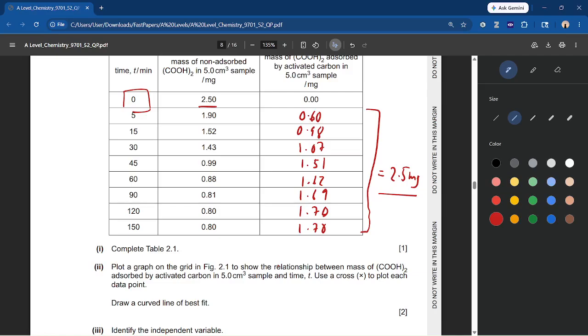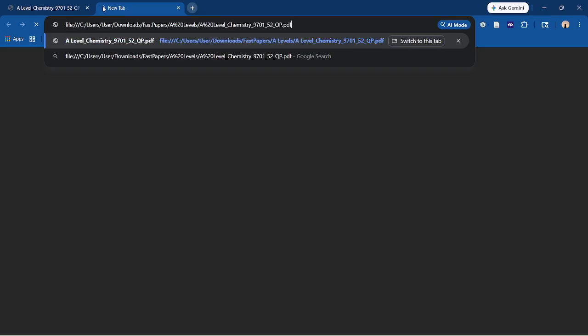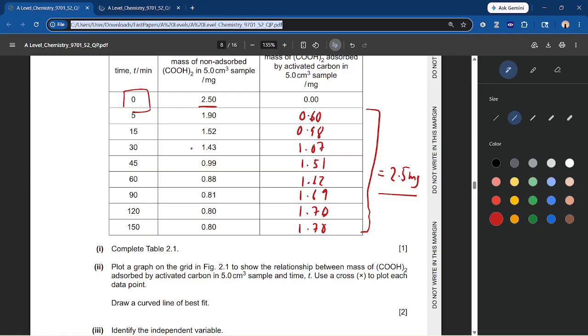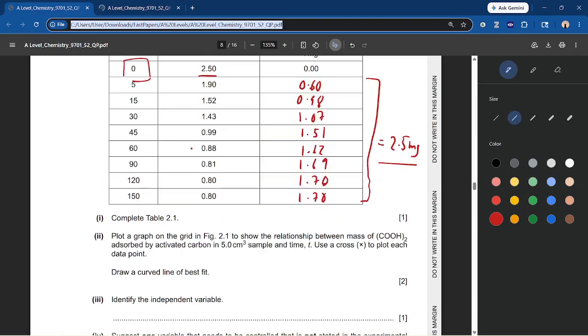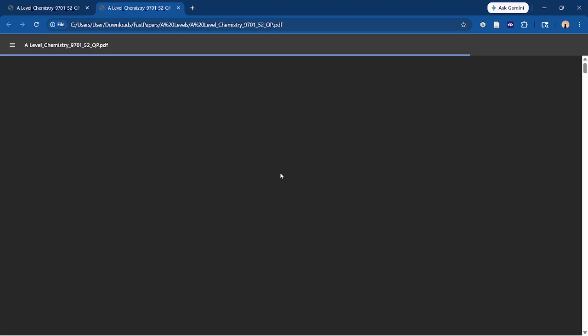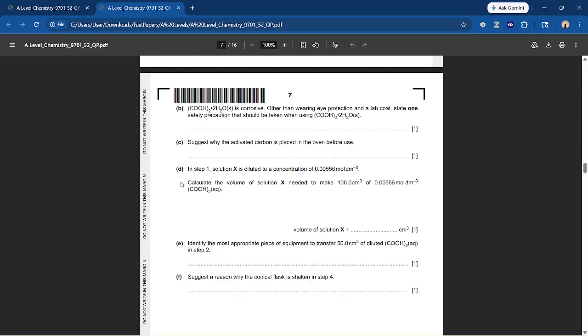So let's plot our graph then, shall we? I'm going to copy this and draw it on a different one so I can pull the data from here. At times like this, I wish I had a scale, because drawing a graph freehand is a bit difficult. Always be sure to use a scale whenever you're doing these graph questions.